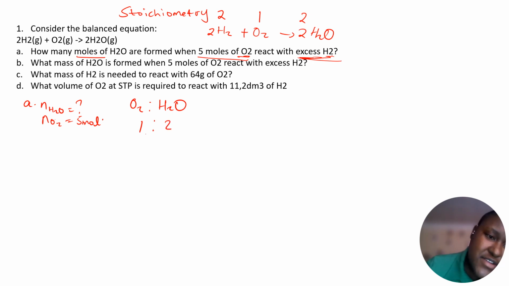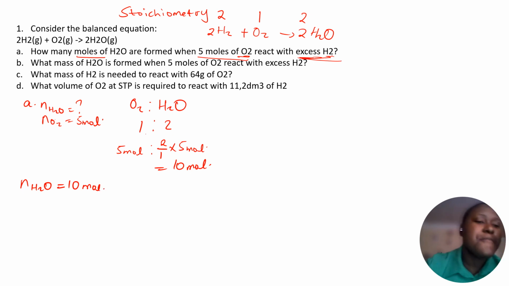And if they say that you have 5 moles of O2, then you're going to have 2 over 1 multiplied by 5 moles in order to get the number of moles of water. We went through this over and over again. I believe that you know how we got to that. So that's going to be 10 moles. So the number of moles of H2O will be equal to 10 moles.